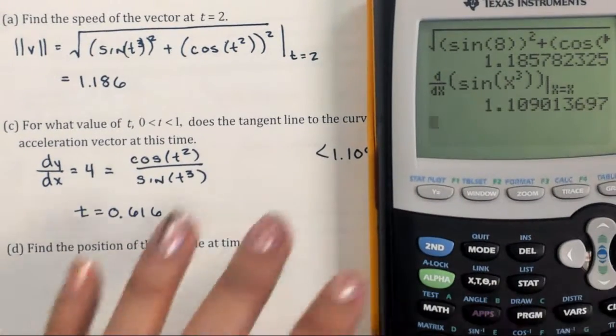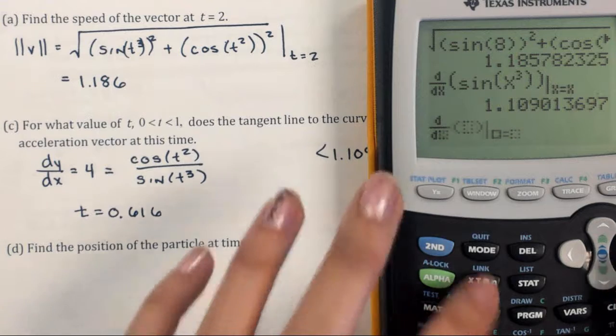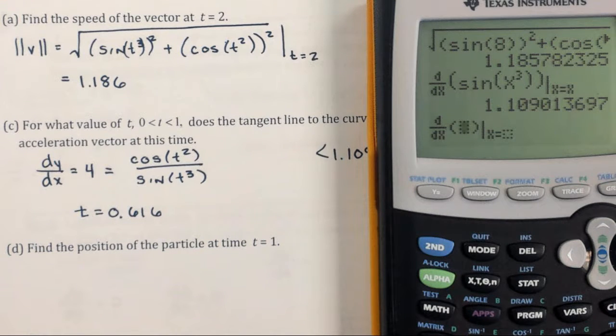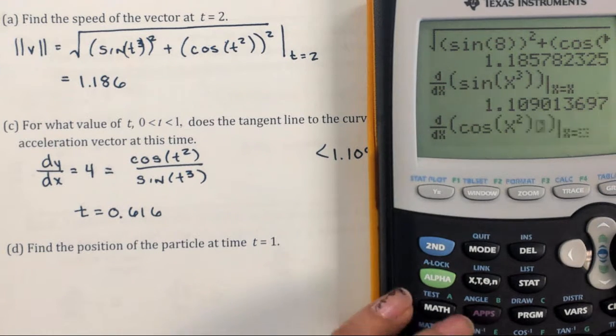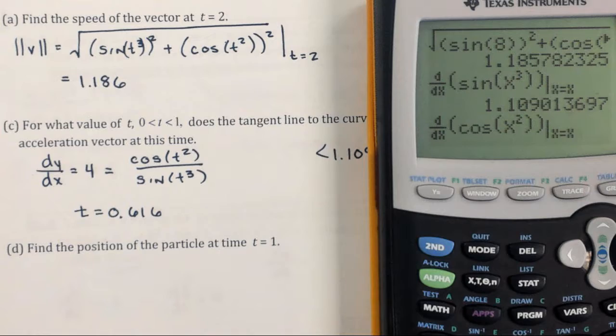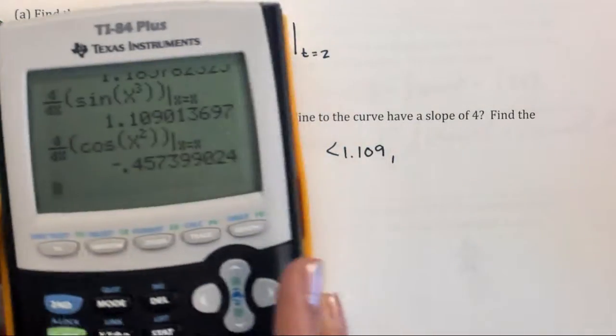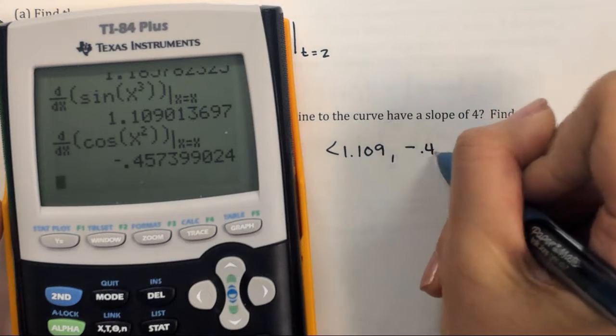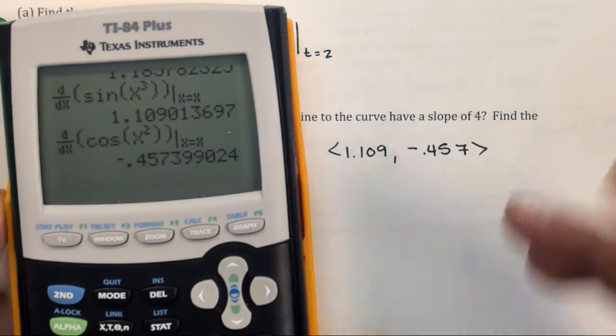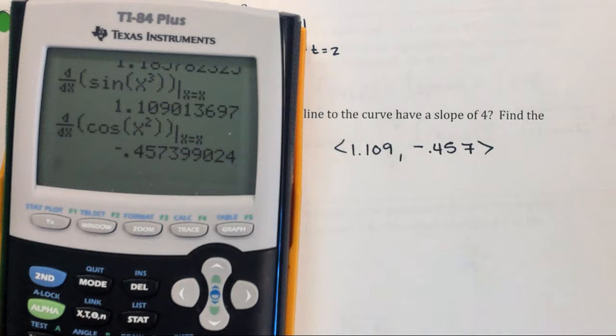So that's the x. And then I need to do the derivative again. So math 8 cosine x squared, x equals x, and that's negative 0.457. And so those are the most exact that you can get them from the calculator values. All right.